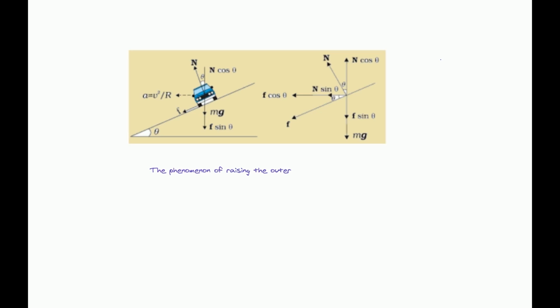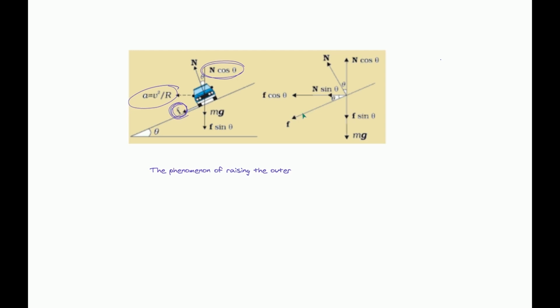Friction is self-adjustable and it has some maximum value. Now, if some component of the centripetal force is provided by the normal component, a smaller part of friction is enough. That's the advantage of having a self-adjustable force.